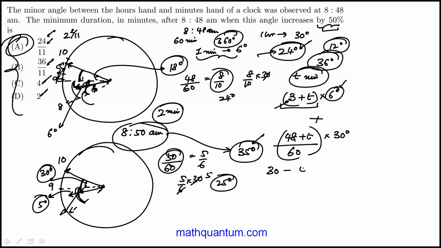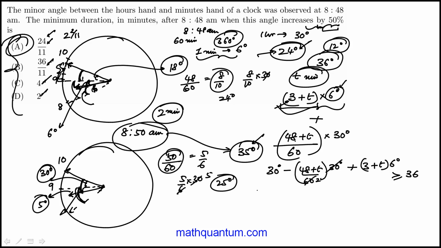So my setup is this. Kind of looks messy, but make sure you understand the pieces. And then I have to add that one. And we need this to be, when this angle increases by 50%, meaning I need this to be greater than or equal to 36. So that's the inequality.